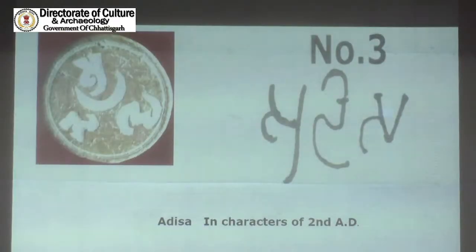So this, see here, one crescent shape goes like this. Whether a coin or a seal, you have to rotate and see. You have to turn it around to look. Just as when the legend goes clockwise, mostly you cannot read it by keeping it in one position.